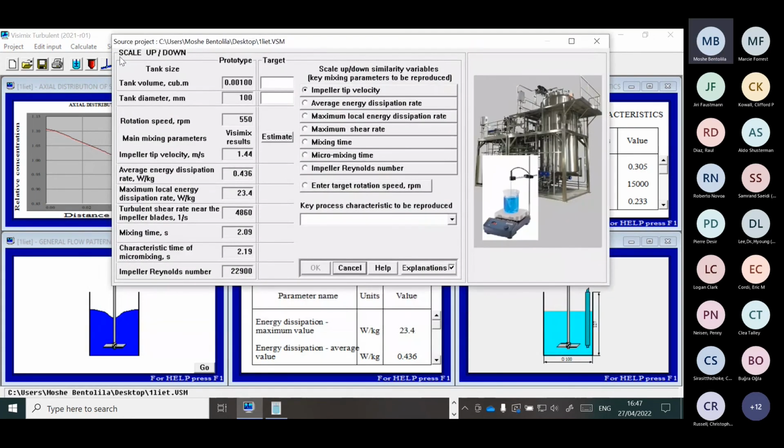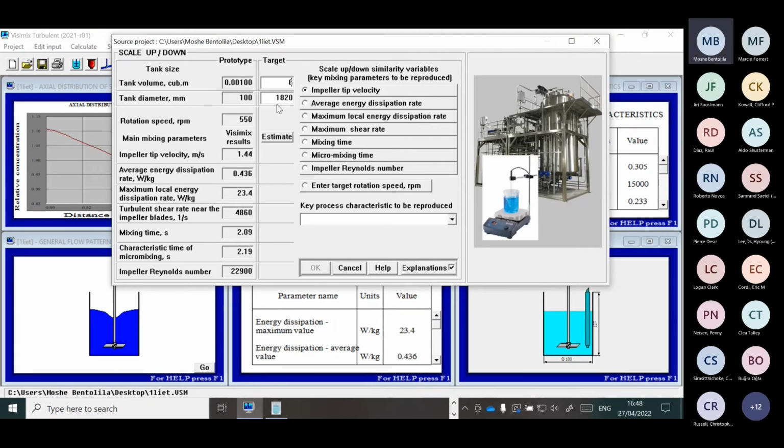It will open a window, and in this window you see the data from the lab. You can set up what is your target. For instance, my target is around 6,000 liters. Okay, it gives me some diameter from geometry similarity.